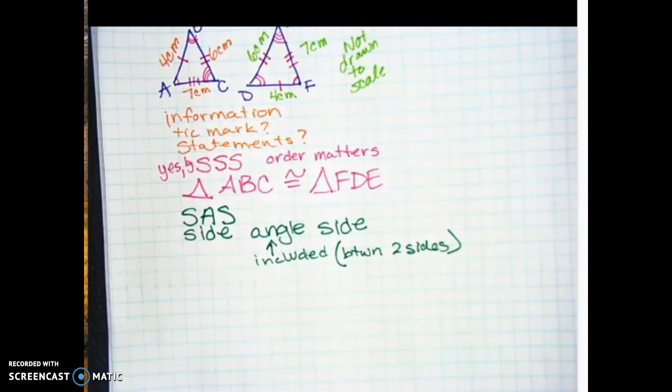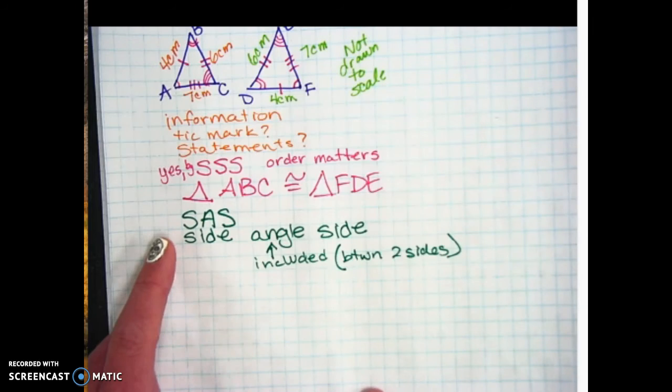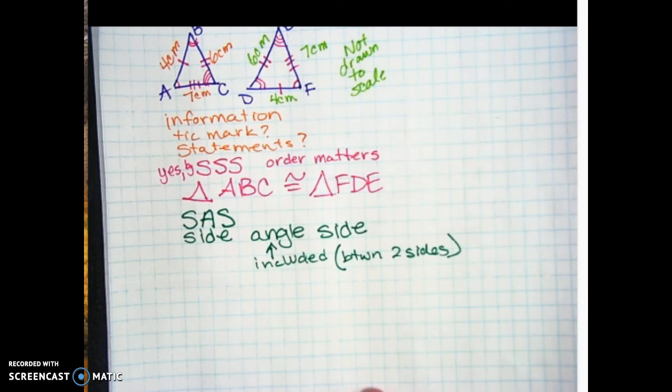Okay, so you're going to keep seeing this word, included. The included means it has to be between the two sides. Because right now we have side, angle, side, but we're also going to have angle, side, angle. And it's going to be the same way. So you need to know what that word included means.